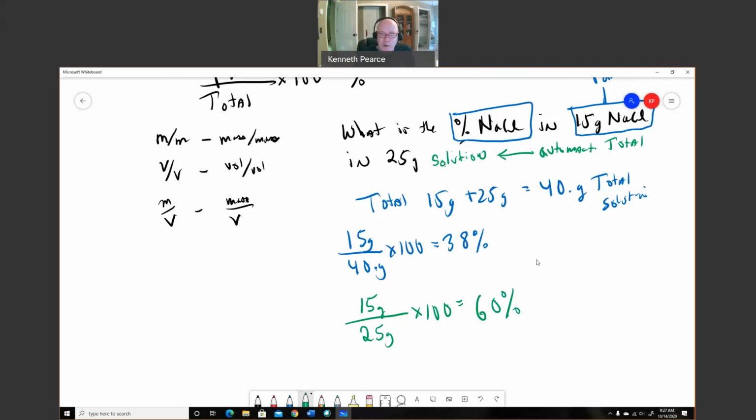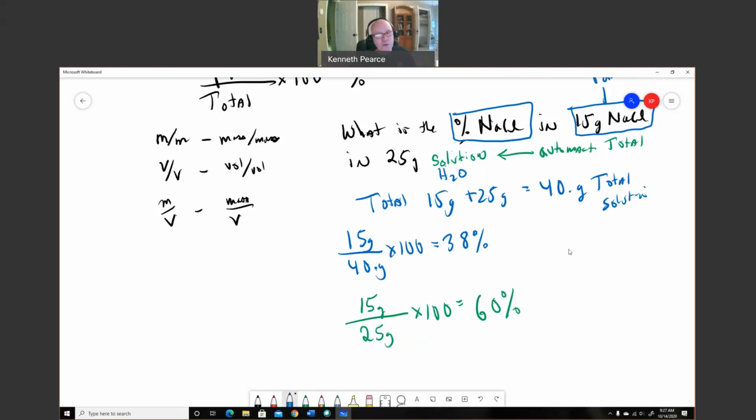Now 60% is a lot different than 38%. And so the difference is between whether you say solution or you say grams of water, because the water is the part. The solution is everything all together. So that's really the two things that you have to be very careful about when you're trying to figure out, well, what's the percent?